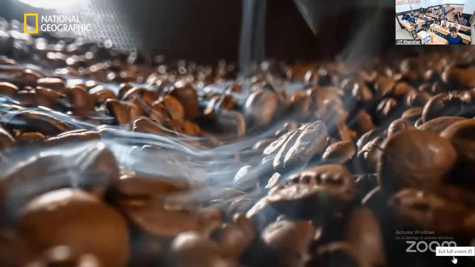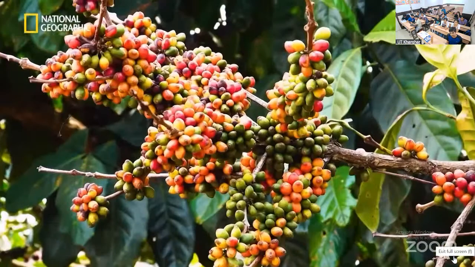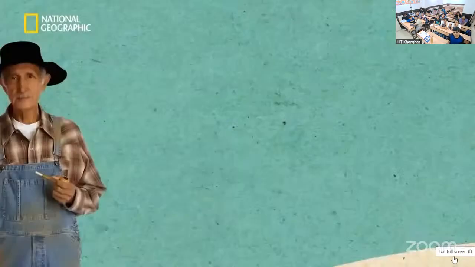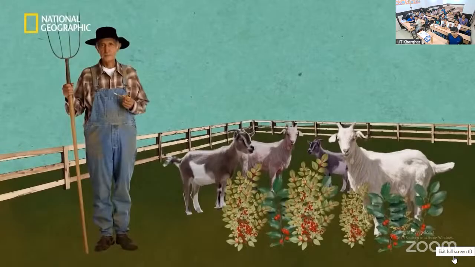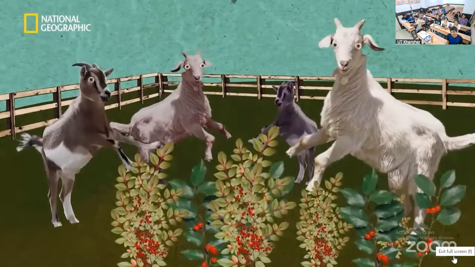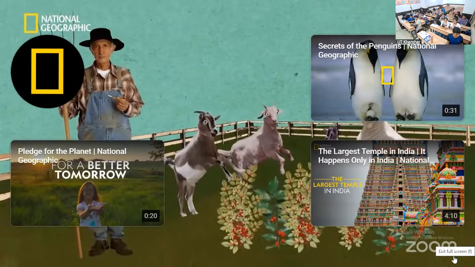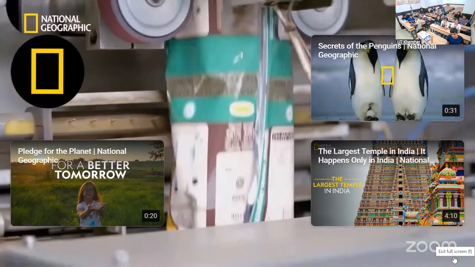Anyway, did you know everyone's favorite coffee beans are not beans at all? They are actually the pits of the cherry-like berries found on flowering shrubs. It is said that coffee was discovered when a farmer found his goats dancing after eating these berries around 800 AD. Now, India is one of the largest producers of coffee in the world.